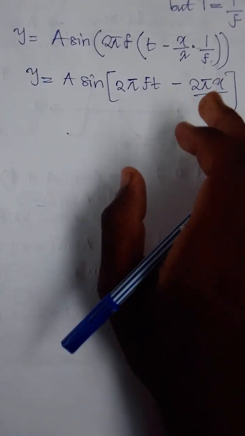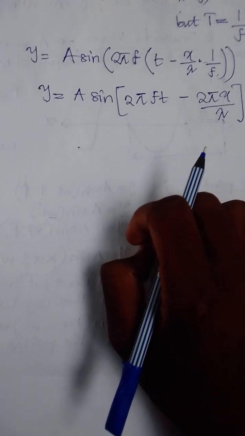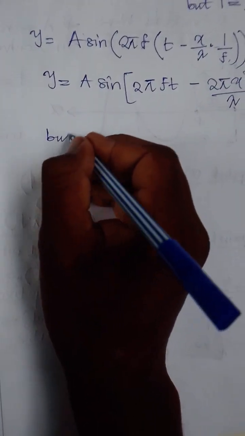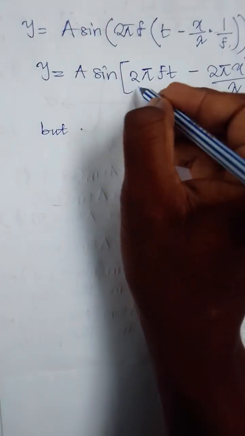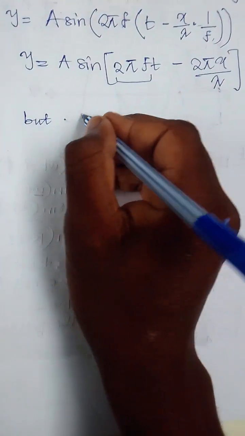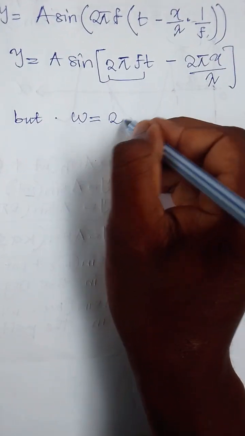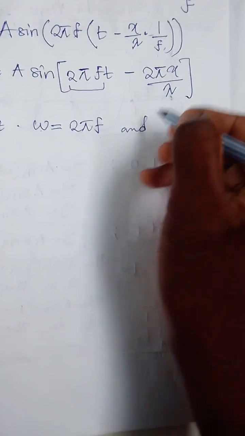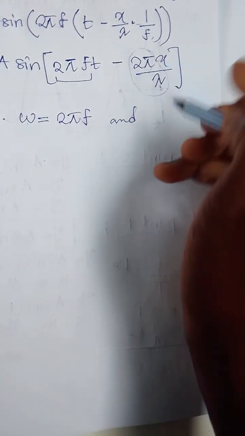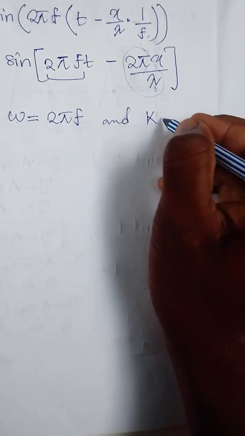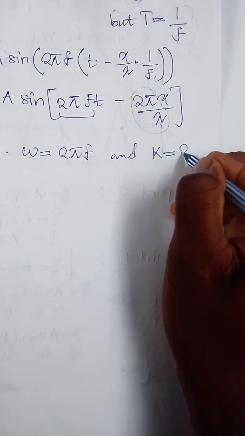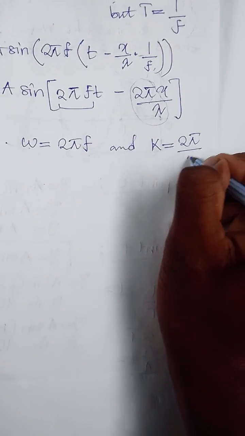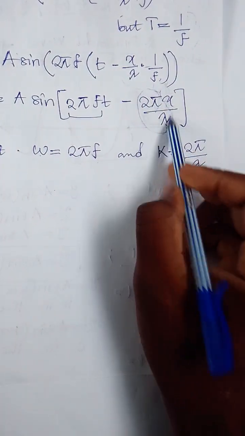If you reach this point, there are some things you know here. If you've noticed this part, this is the formula for omega, 2 pi f, and this part here, I have my wave constant k, 2 pi over lambda. Have you seen?